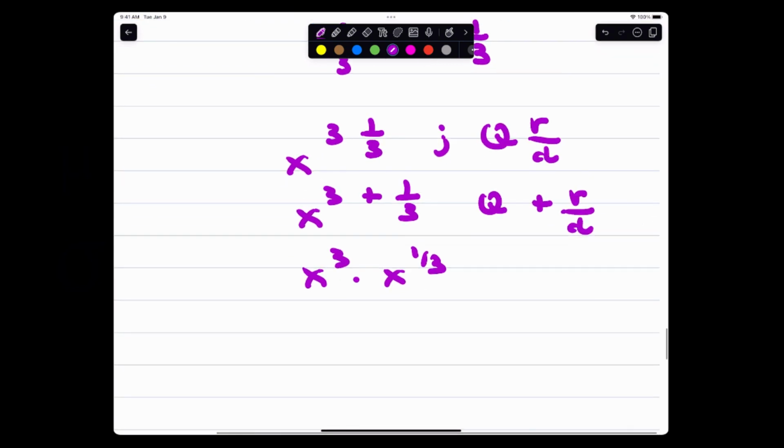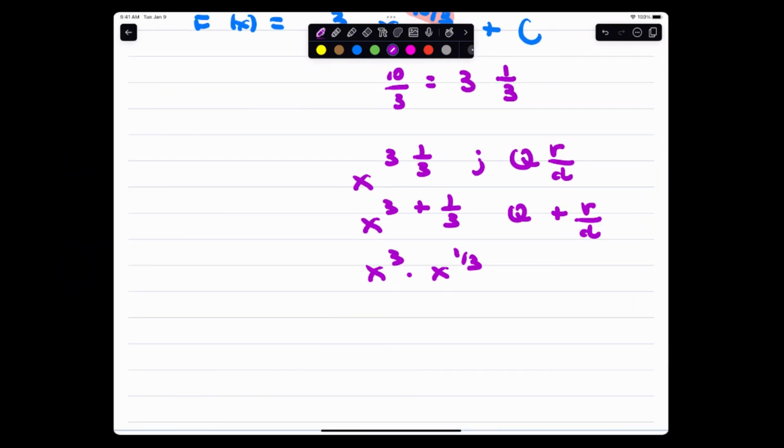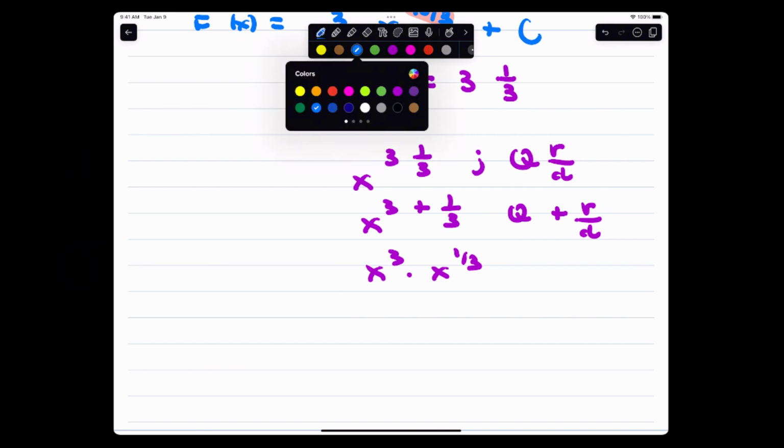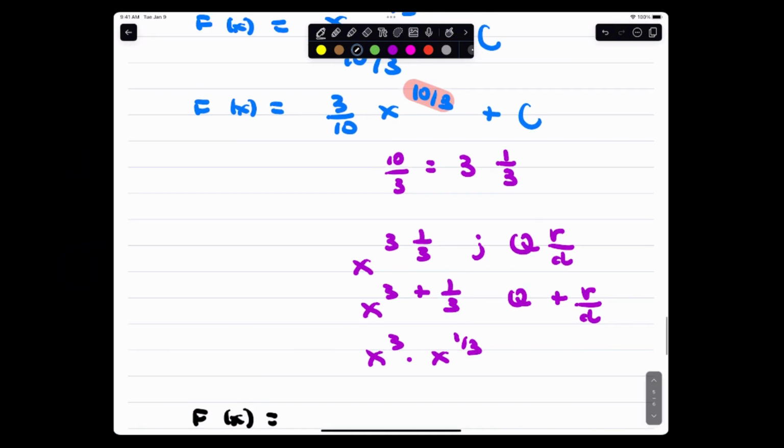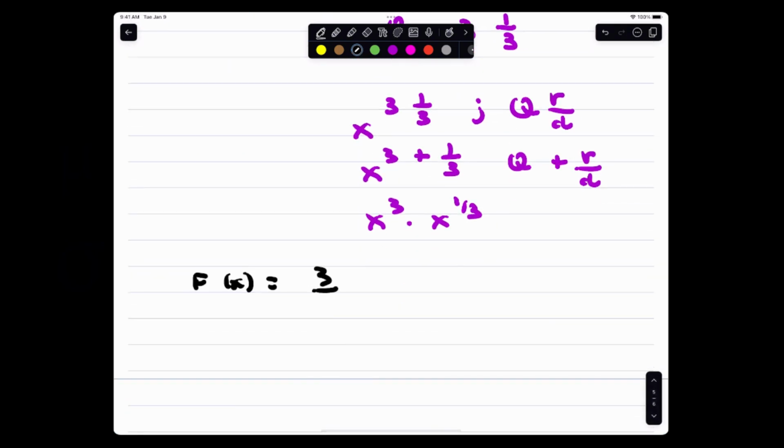So if you look in the back of the book, you might see the antiderivative function is going to be 3/10 x cubed cube root of x plus that constant c. And that's just the algebra here, ladies and gentlemen.